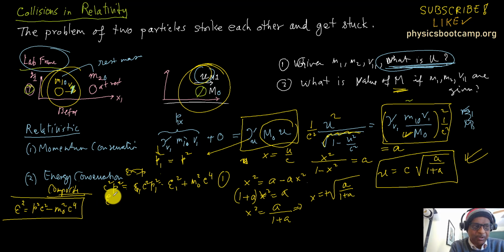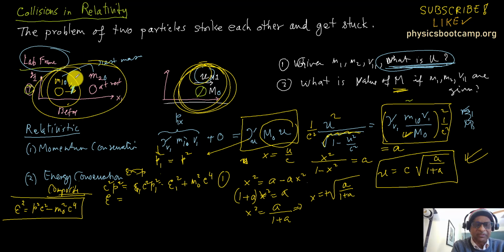And then I can write energy for the composite. From energy conservation, whatever energy it has must be equal to the energy that these particles have. And how much energy is that? It has E1 plus m20 C squared, the rest energy of the second particle.